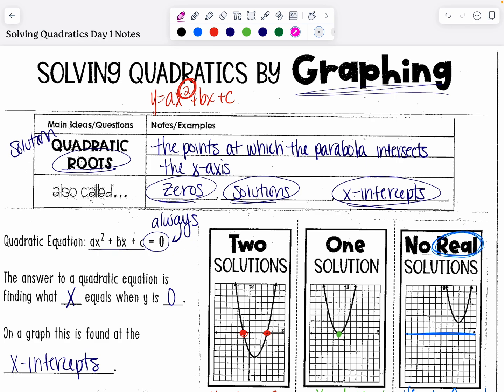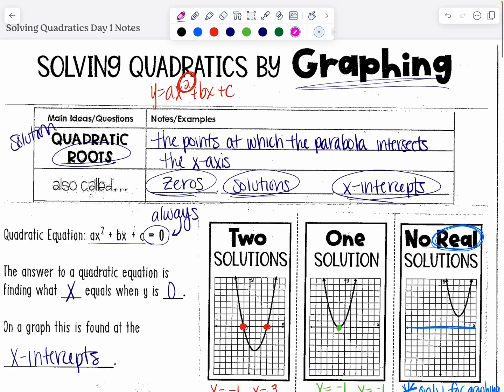Think back to when we did word problems with quadratics, the rockets taking off, and where it hit the ground was how long the rocket was in the air. You were actually solving the quadratic equation by graphing.